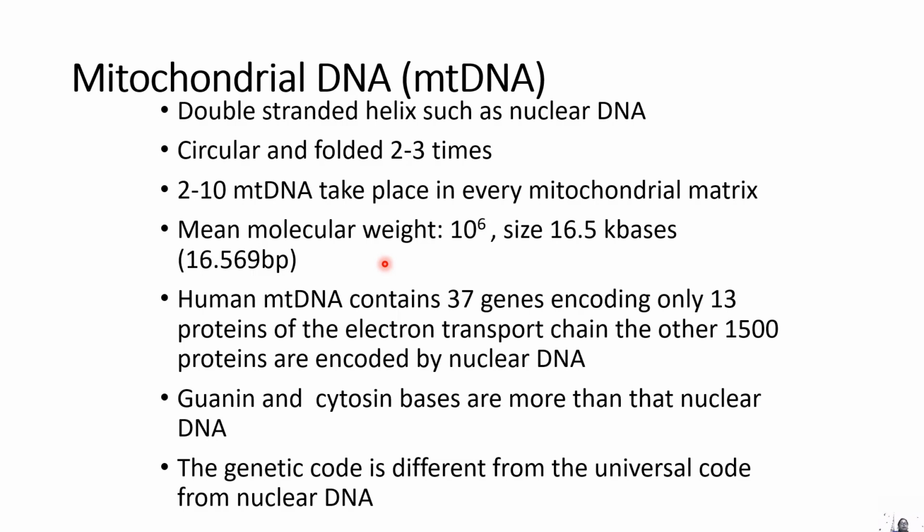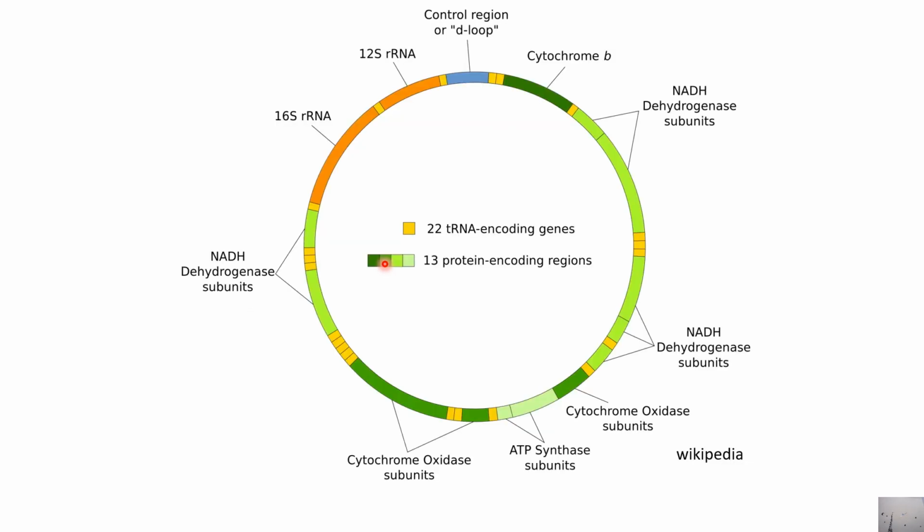The human mitochondrial DNA contains 37 genes encoding only 13 proteins of the electron transport chain. The other 1500 proteins are encoded by the nuclear DNA. Then, the guanine and cytosine bases are much more abundant than in nuclear DNA, and the genetic code is different from the universal code of nuclear DNA.